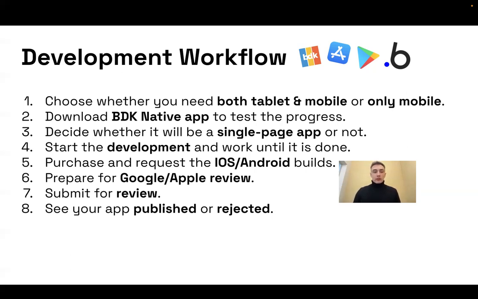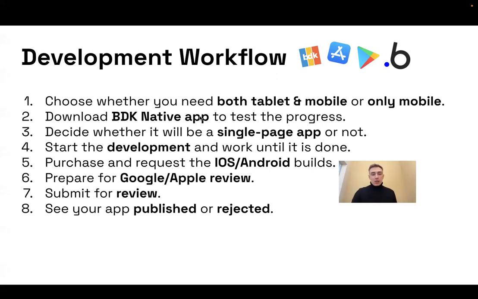So the workflow to create a mobile app is the following. The first step, you need to select what type of app you want, either only for mobile or for both tablet and mobile. Depending on this step, you'll choose whether you need to draw designs for tablets or not. This is pretty important, and we will talk about this in a minute.